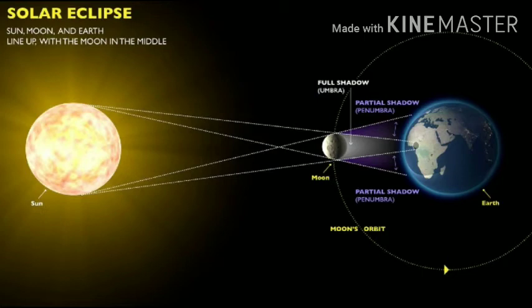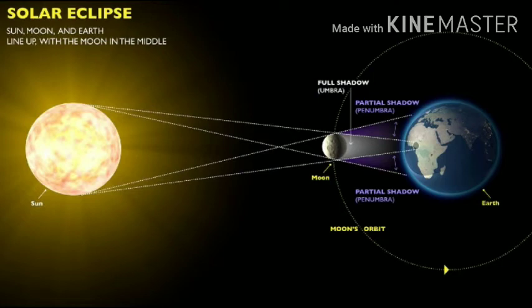Only if the sun, moon and the earth are in the same plane and fall in one line, the solar eclipse occurs. The maximum duration of total solar eclipse is 7 minutes and 20 seconds, meaning total 440 seconds.